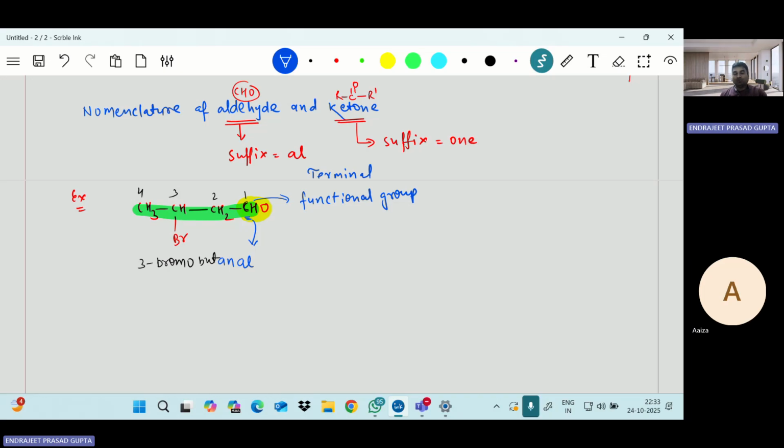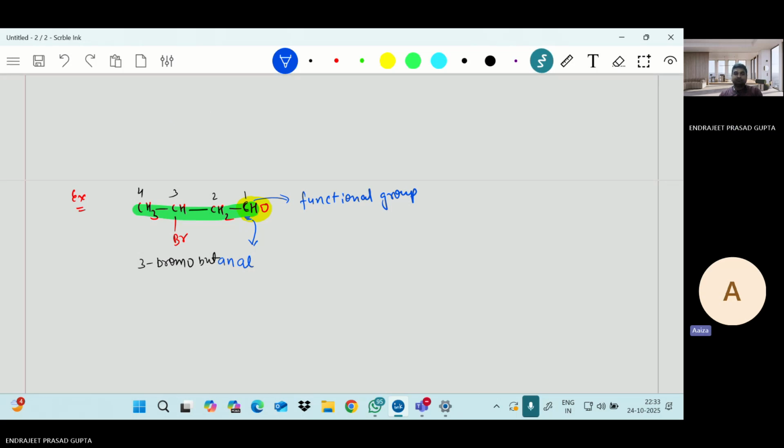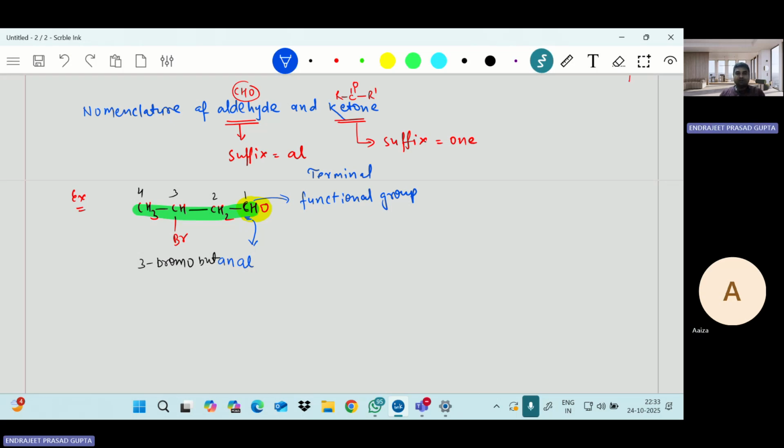Do you know the rule of nomenclature, or should I discuss it? Yes, sir, I know. Okay. So first, when we talk about the rule of IUPAC nomenclature, we have to write the primary prefix first.